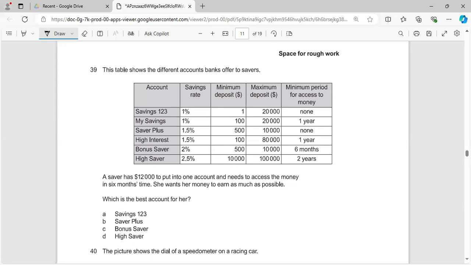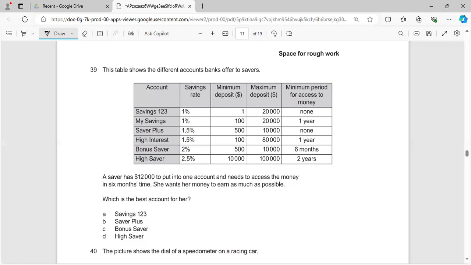They give you the account, the savings rate, the minimum deposit, the maximum deposit, and the minimum period for access of money. A saver has $12,000 to put into one account and needs to access the money in 6 months. She wants her money to earn as much as possible. Which is the best account for her?